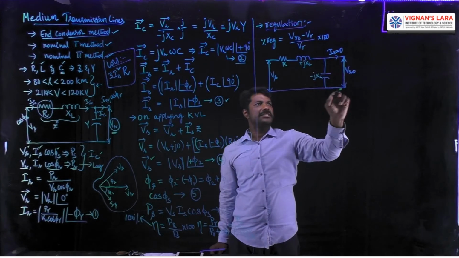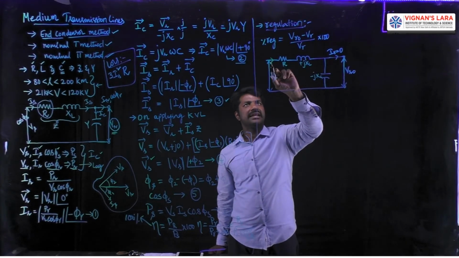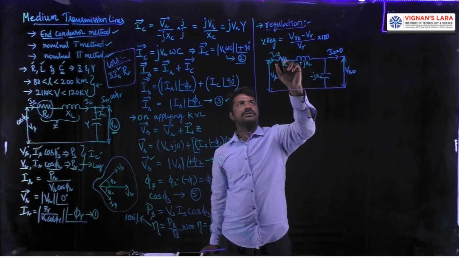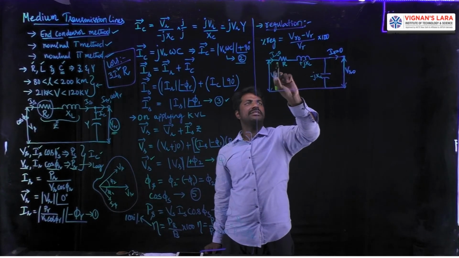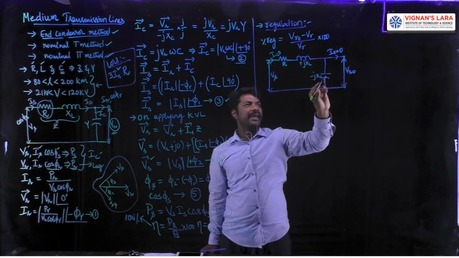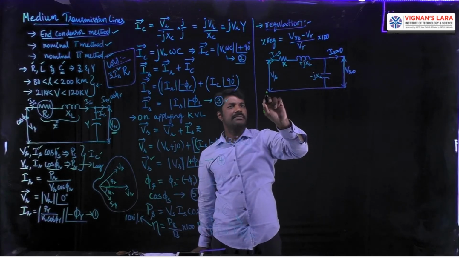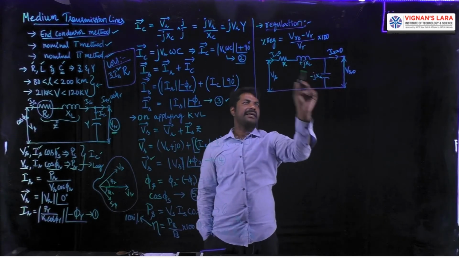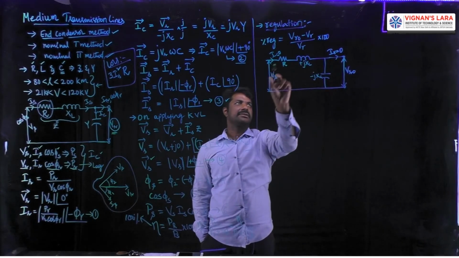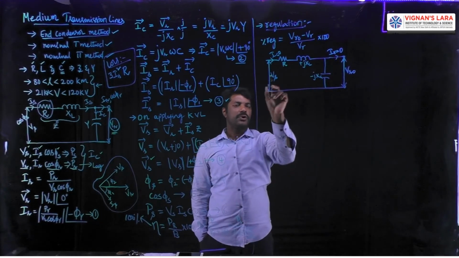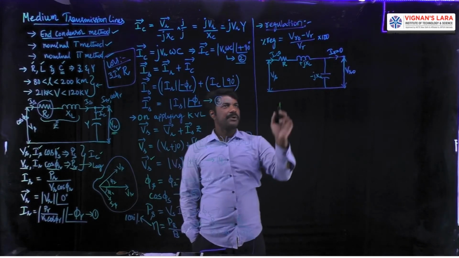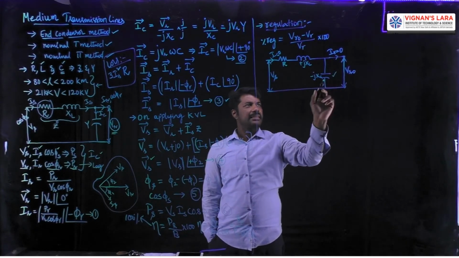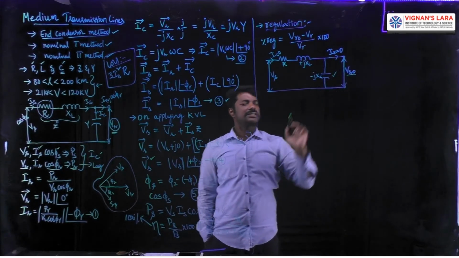Since this branch is open circuited, the charging current under no load, IC naught, will pass through this R plus JXL and finally minus JXC, so that it terminates towards the sending end side. I mean to say that the resistor, inductor and capacitor are connected in series, and in series we know that voltage divides. As per the voltage division rule, the voltage across this capacitor is called the no load receiving end voltage.